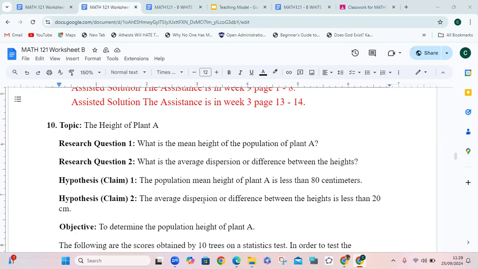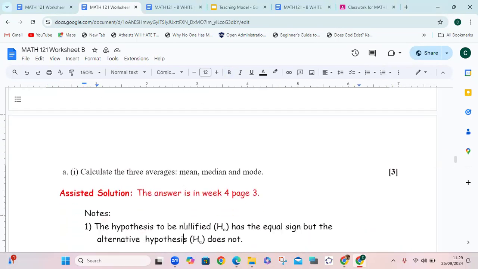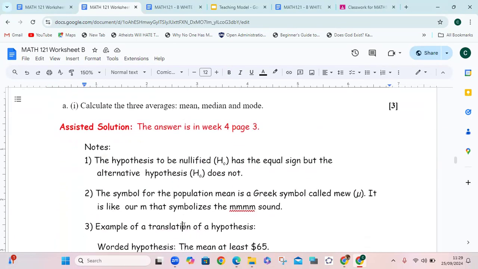Now, to do that, part A required us to calculate the mean of the sample. So having obtained the mean, then we could go back to the hypothesis and compare, right? What the hypothesis said to what the data was saying.